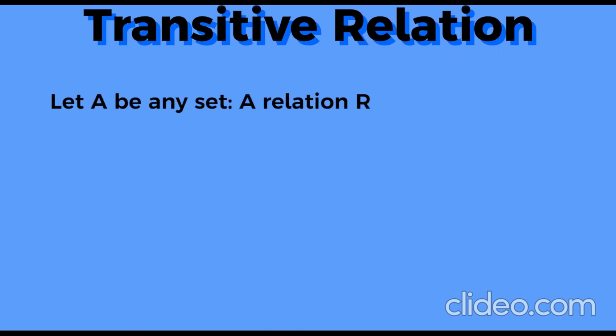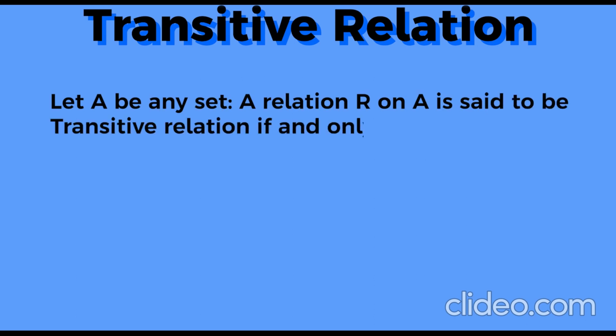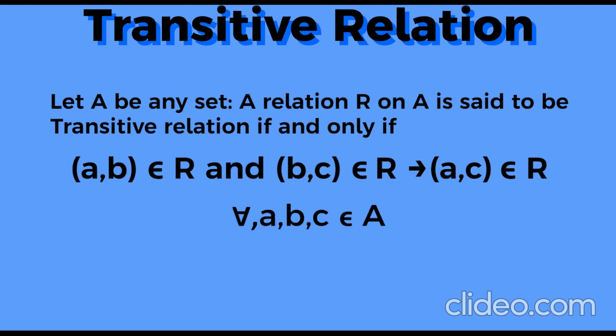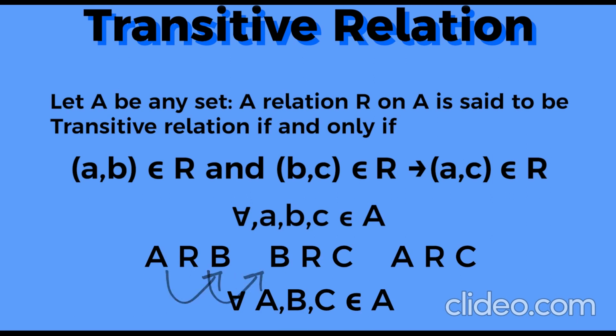A relation R on A is said to be a transitive relation if and only if (a, b) belongs to R and (b, c) belongs to R implies that (a, c) belongs to R for all a, b, c belonging to A. Simply, we can say that a related to b, b related to c, implies a related to c, for all a, b and c belonging to A.